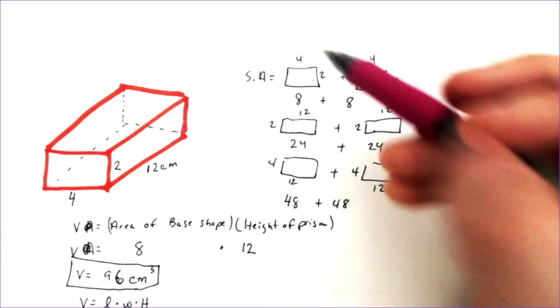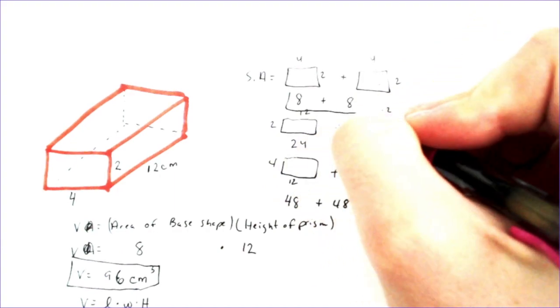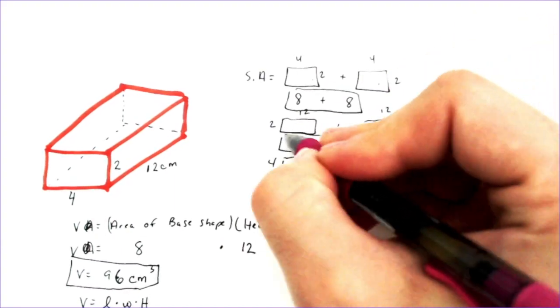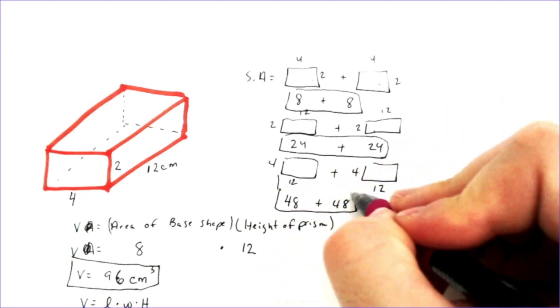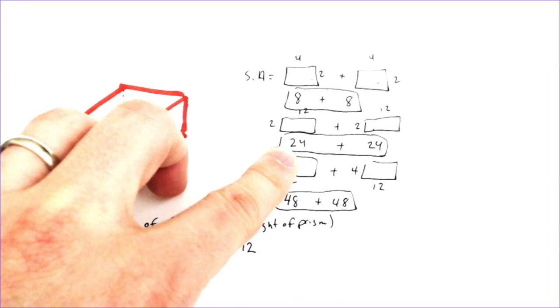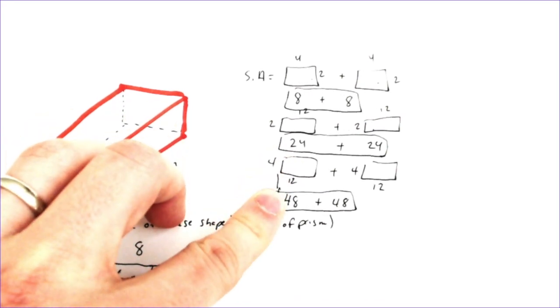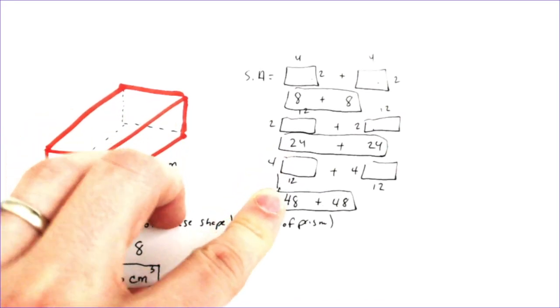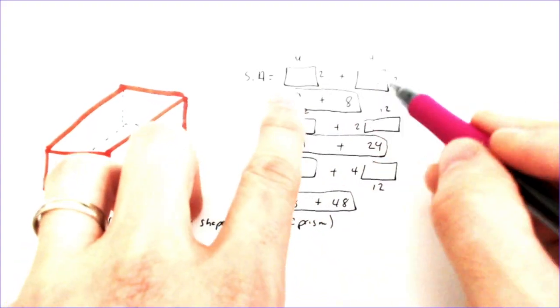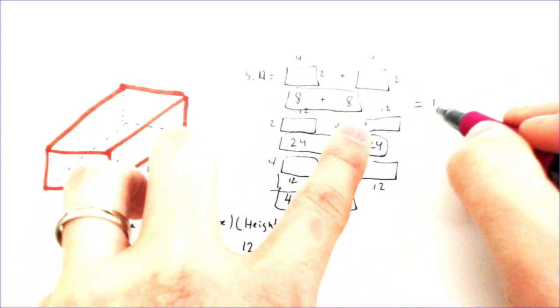So can't see it, but I'm going to kind of box it for you here. We got these guys, that we have to add together, the 8 and 8, the 24 and 24, and the 48 and 48, which probably added too many rectangles to deal with, but that's okay. So we have to add these two rectangles together, the 8s together, to get 16.